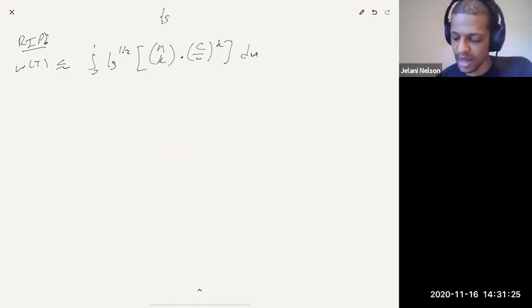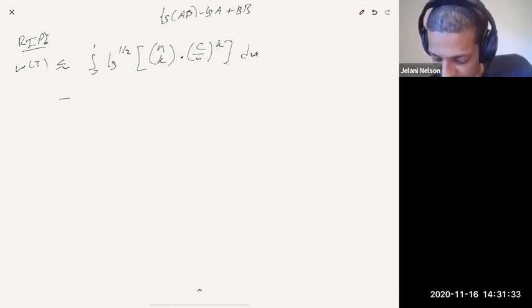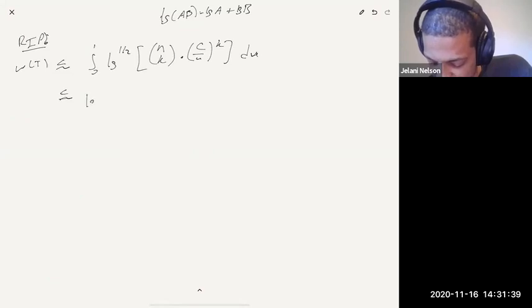And again, just because log of AB is equal to log A plus log B, what you're going to end up getting is something that is at most root log of n choose k plus root k.